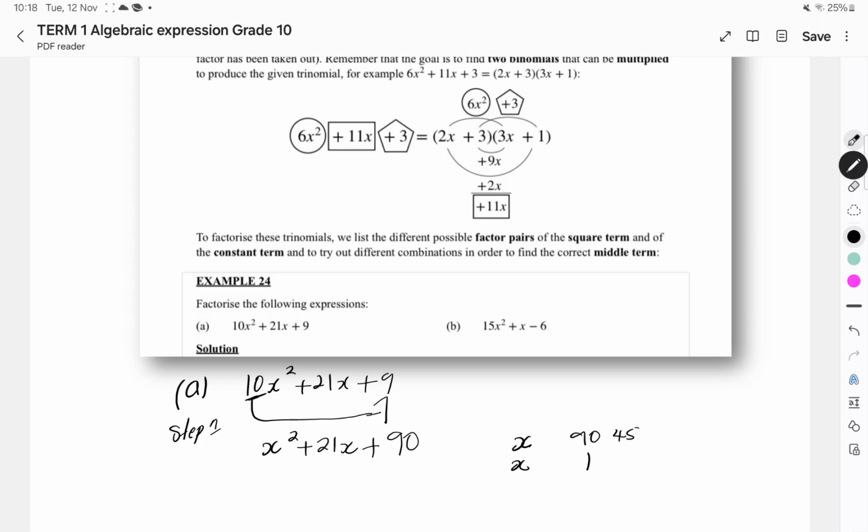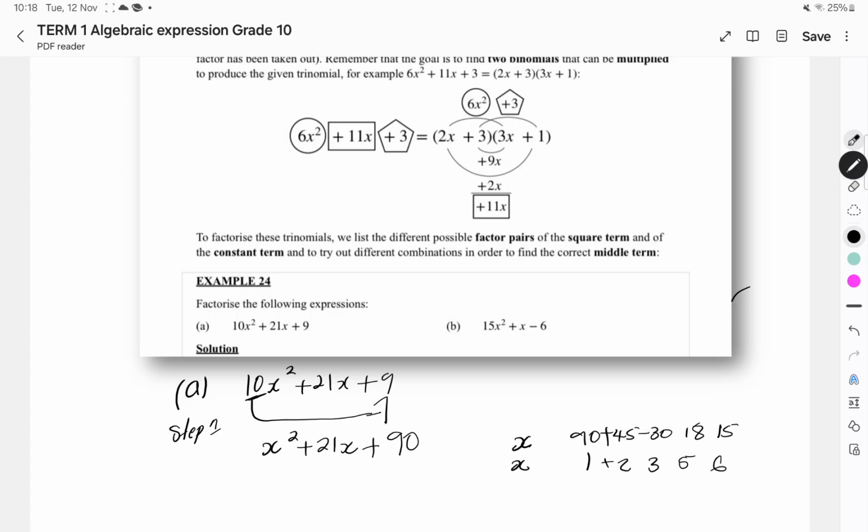1 and 90, 2 and 45, 3 and 30, 5 and 18, 6 and 15. Sorry, 15 and 6.